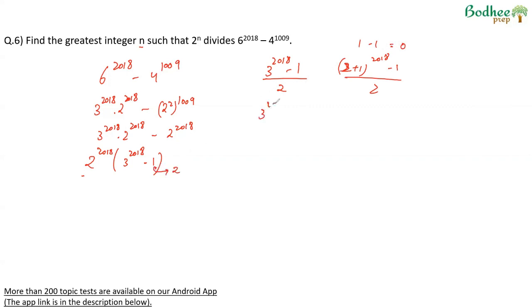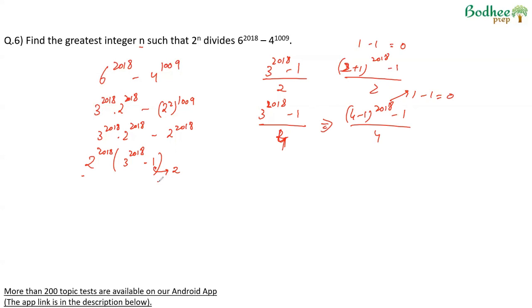If we check by 4, this becomes 4 minus 1 raised to power 2018 minus 1 divided by 4. From here we'll get minus 1 raised to power 2018, remainder of 1. From here minus 1, so overall remainder is again 0.